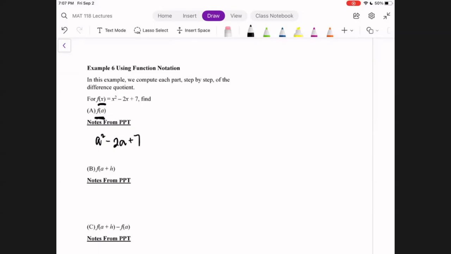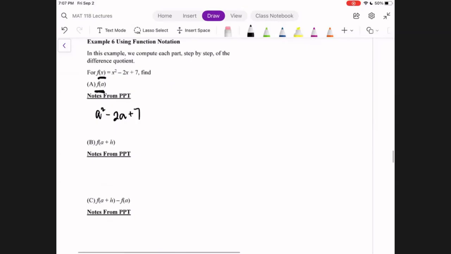And that's it. For part B, for all the x's I see, I'm not going to write a like in part A, but I'm going to write a plus h for all of them. So that means I have a plus h squared minus 2 times a plus h plus 7.